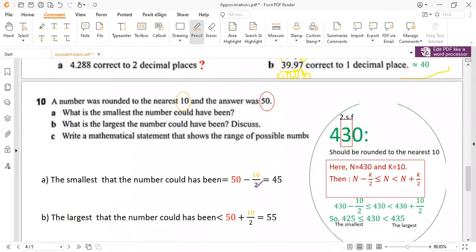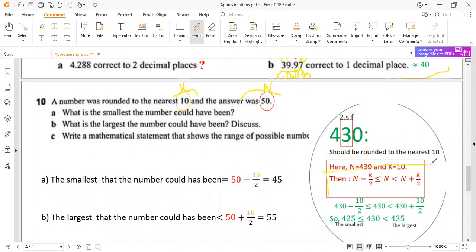Okay. What we mean by significant, or how to find, for example, if we have a number that was rounded to the nearest 10 and the answer was 50. So normally we can use this statement.